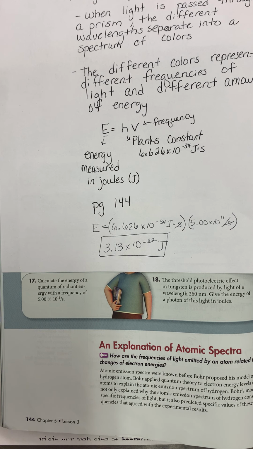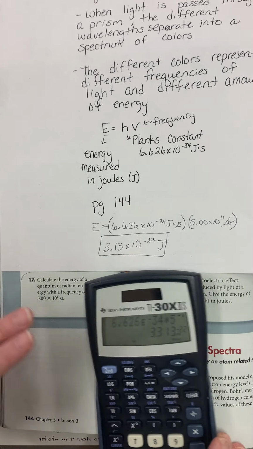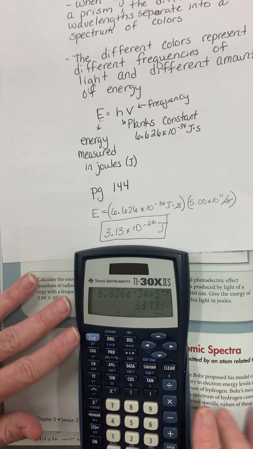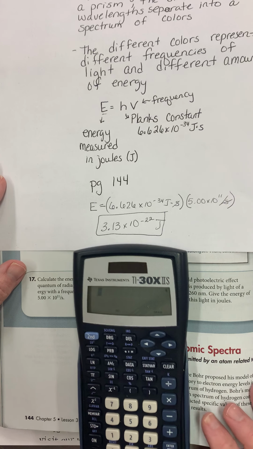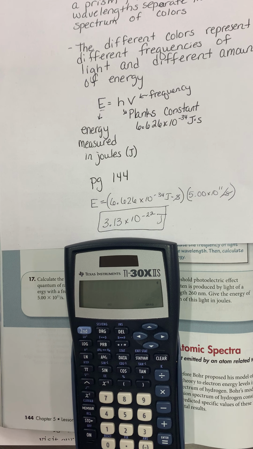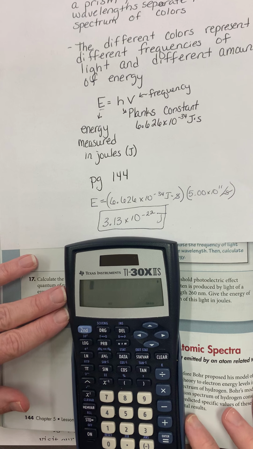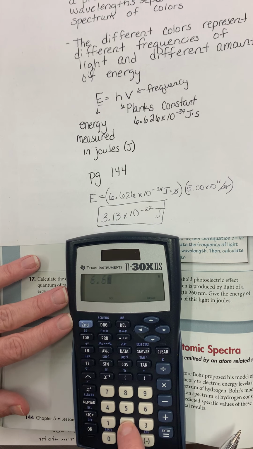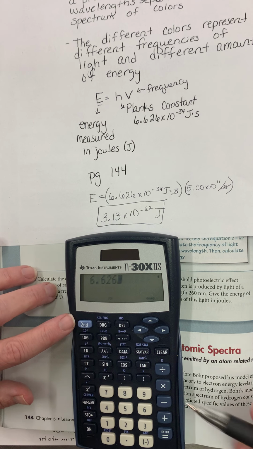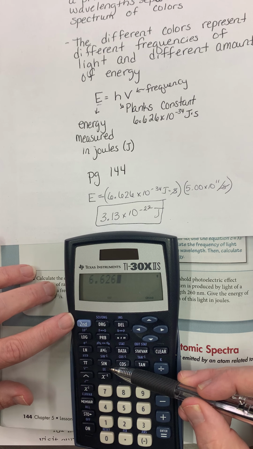Now, when you type this into your calculator, you have to be very careful how you enter it. So let me go through that one more time with my calculator. If you have a Texas Instrument, you can use this shortcut. If you don't, you're going to have to use parentheses if you're dividing. If you're multiplying, you don't necessarily have to use the parentheses. The shortcut is to do 6.626 and then find the EE button on the Texas Instrument calculator.